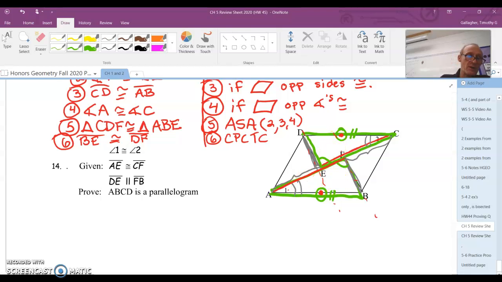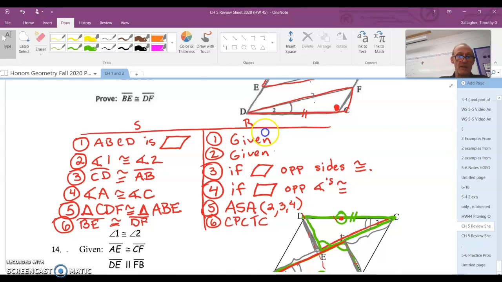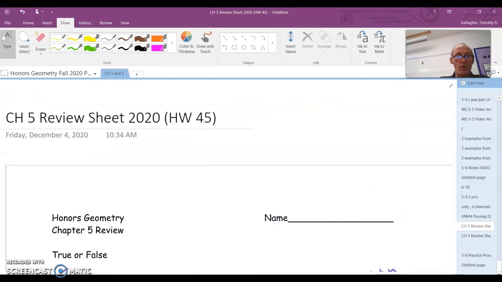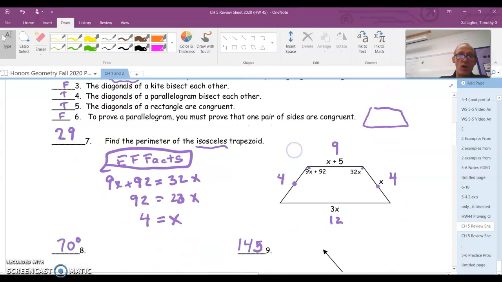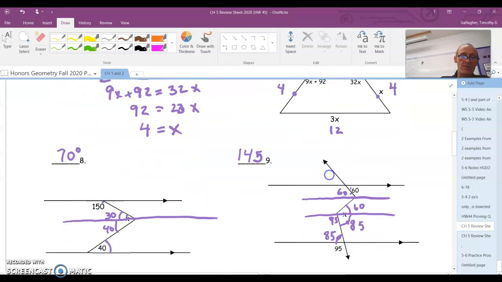Now, I'm going to make this last proof a separate video, so I don't want to hurry it, because I have about a minute left and my max recording time is 15 minutes. So remember, be careful with the true and false. Always look for the equation from the facts.